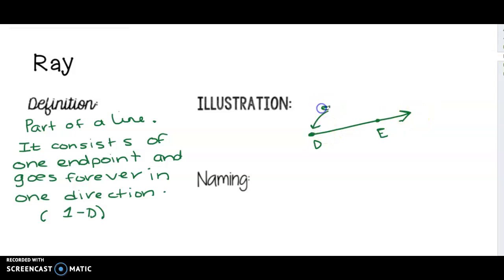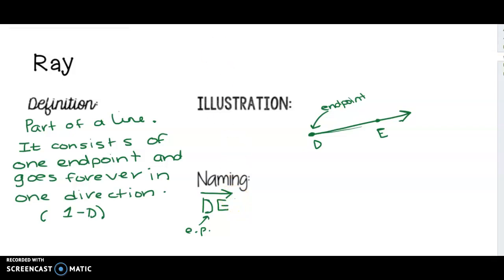So this is considered the endpoint. Now when we write this, when we name it, we always start with the endpoint first. And then whatever direction it goes off is the second point. So it's going off towards Z forever. And then we have just a single arrow on top that tells us it's a ray.